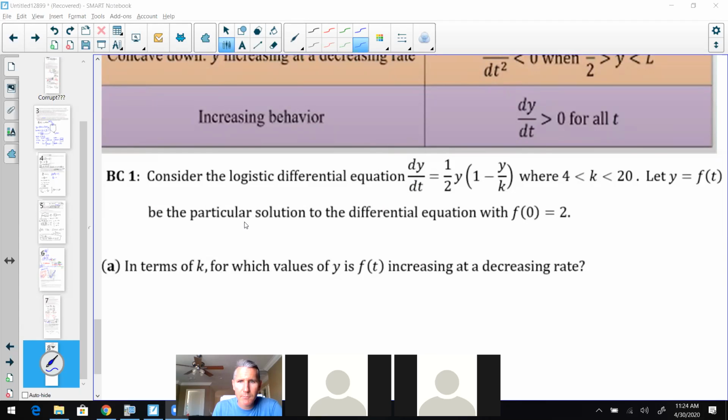What is K? Just looking at this logistic differential equation, what is K for this? What is K referring to? K is the carrying capacity.